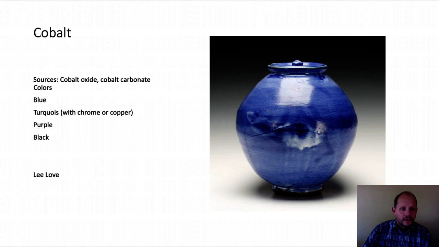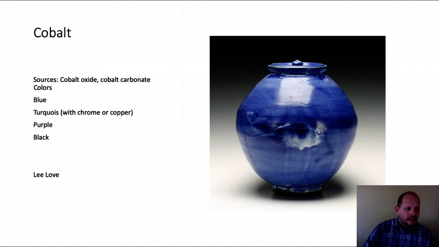And so depending on whether it's an oxide or a carbonate, that might give you a little bit of a difference in color saturation, color hue. But using the carbonate form might give you a little bit more control over the intensity of the color because you can incrementally add it in smaller amounts.